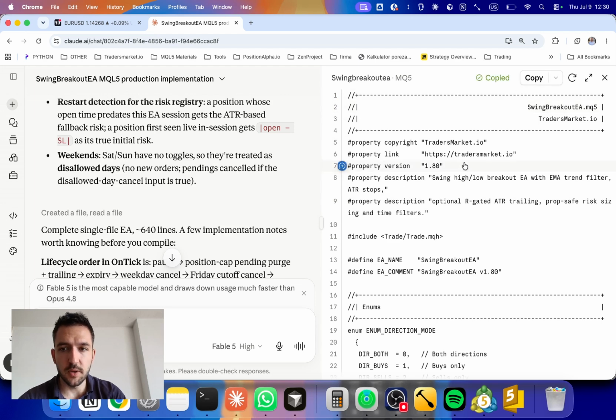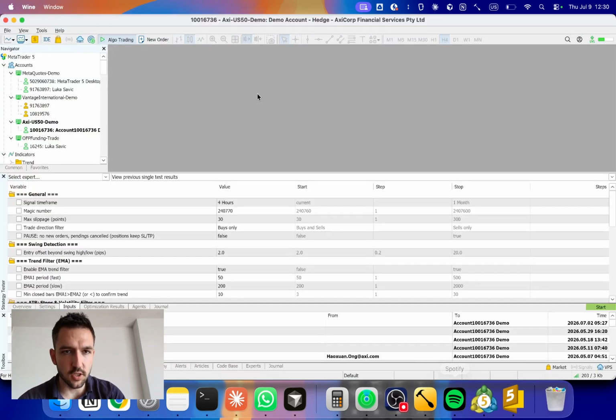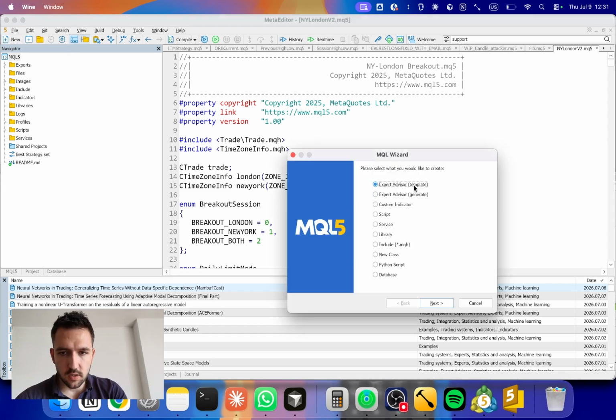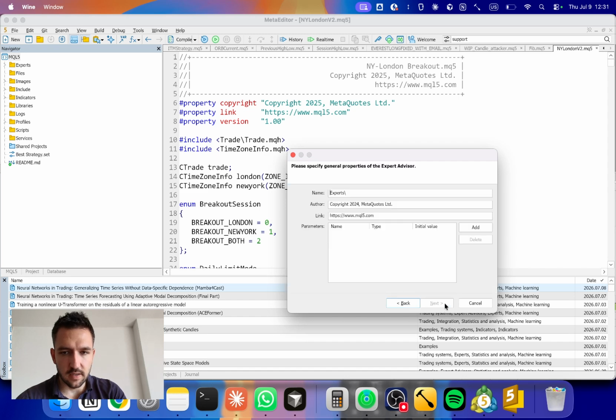We're gonna click copy, and we're gonna go to MetaTrader 5 and click on IDE. So IDE is gonna open this MetaEditor where you wanna go to new expert advisor, and you're just gonna click next. Let's say it's gonna be Claude swing breakout bot.